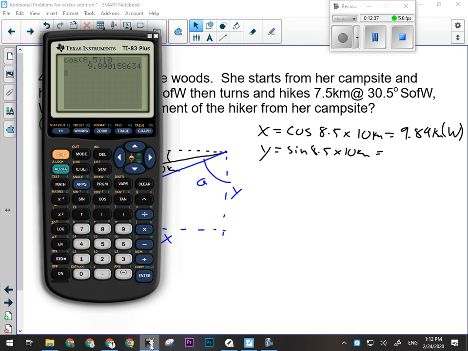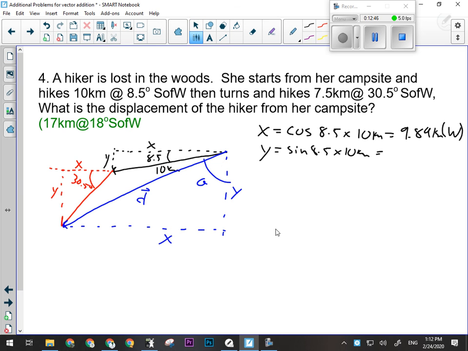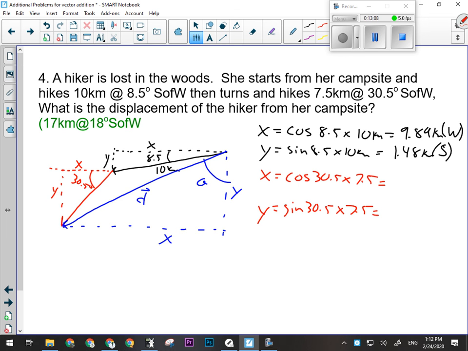Then the sine of 8.5 times 10 is going to be 1.48 kilometers south. We have to do the same thing with the red triangle. The x will be the adjacent side, so cos of 30.5 times 7.5 kilometers, and y will be the sine of 30.5 times 7.5 kilometers.